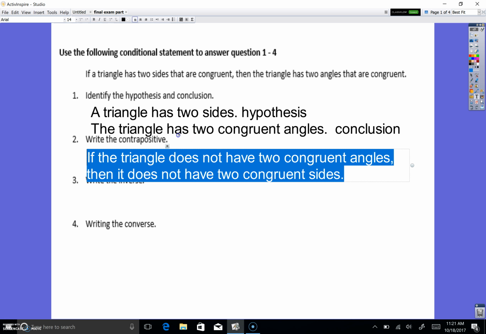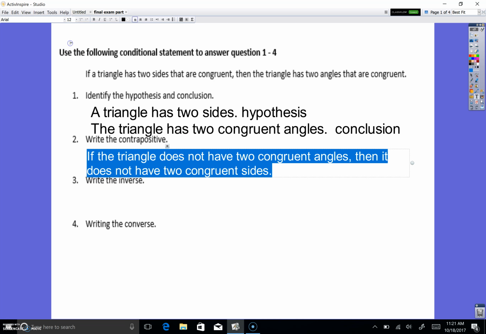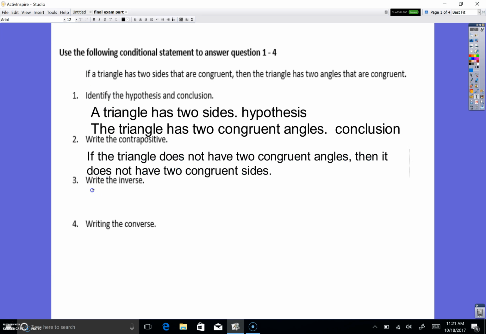Let's make this a little bit smaller so that we can fit it in. Okay. Next statement, the inverse. Remember, with the inverse, all we have to do is put the not into a conditional statement.